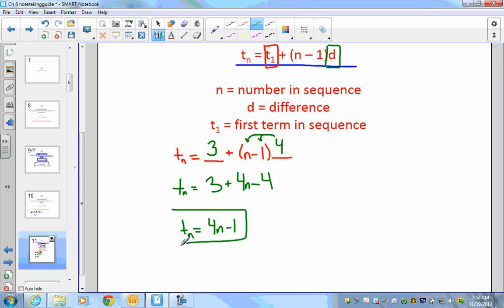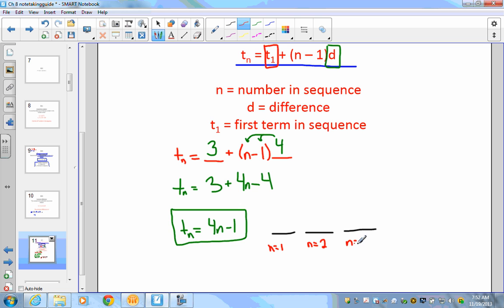There's your answer. Just in case you want to check your work, this is a review from the last video. Let's find our first 3 terms based on this formula. If you remember, the first term has an n of 1, then n of 2, and then n of 3, and so on.